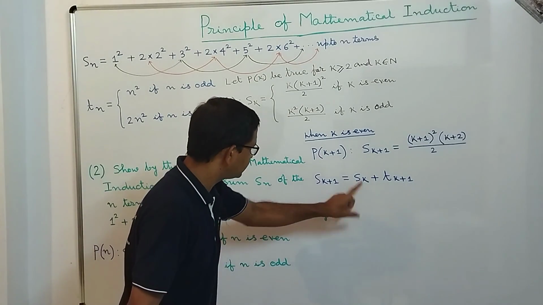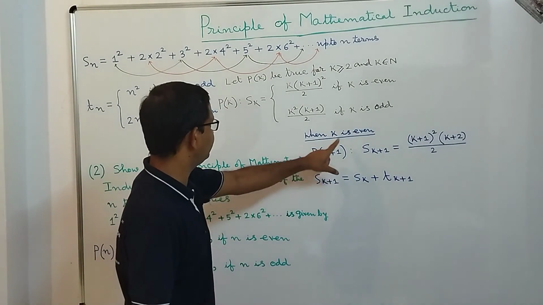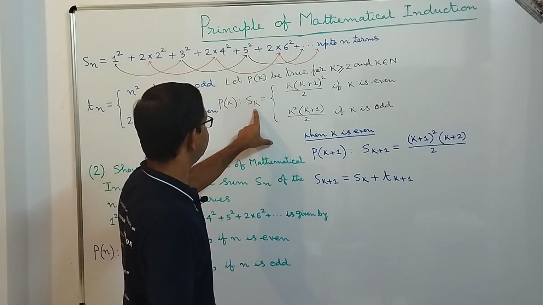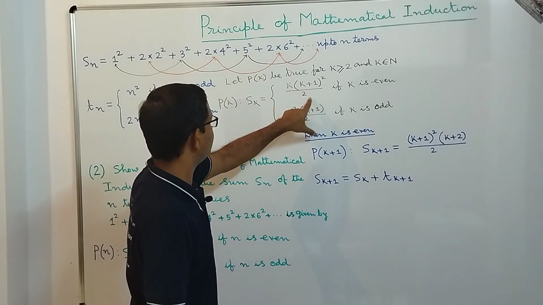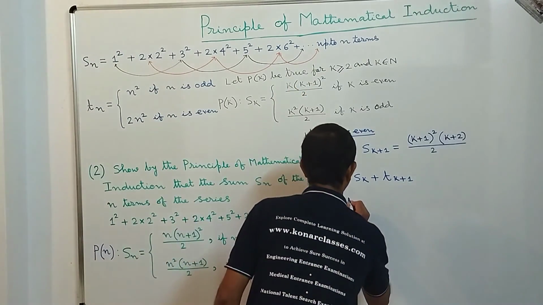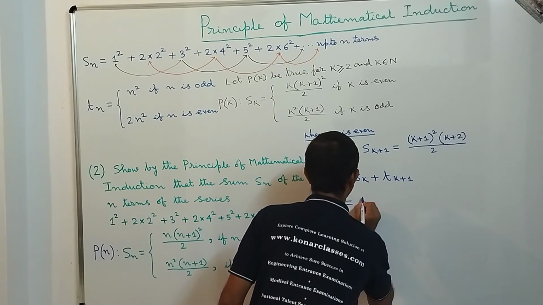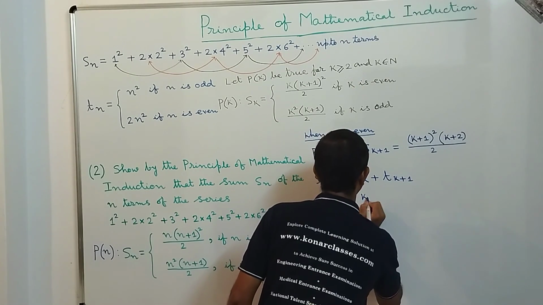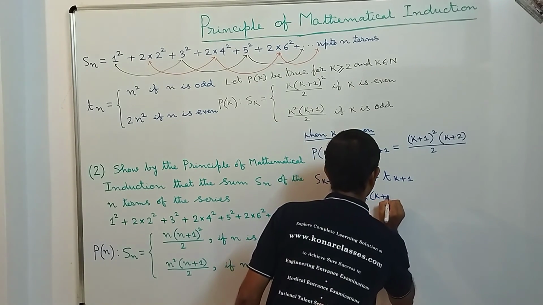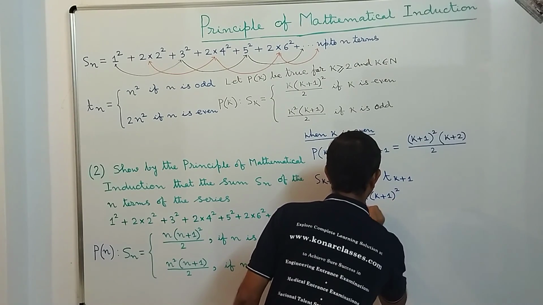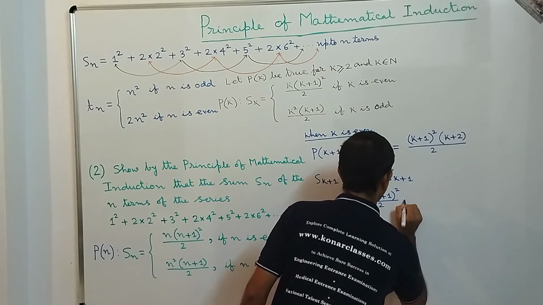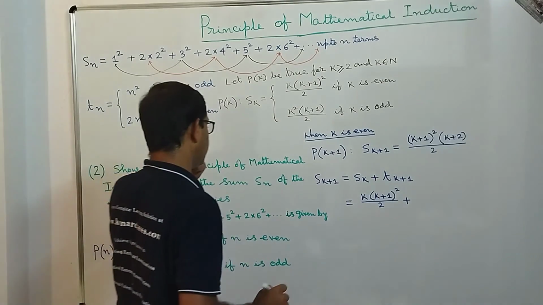Now Sk is what? Here k is even, so Sk is equal to k into (k plus 1) whole square by 2. So we can write here that it is equal to k into (k plus 1) whole square divided by 2 plus tk plus 1.